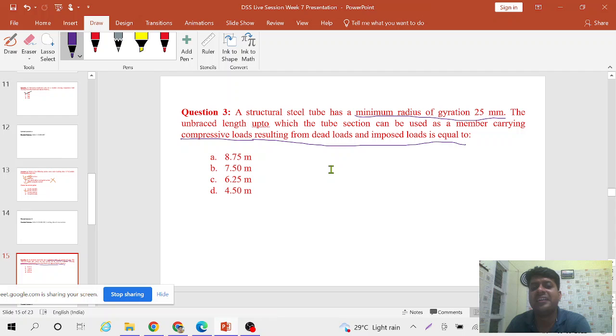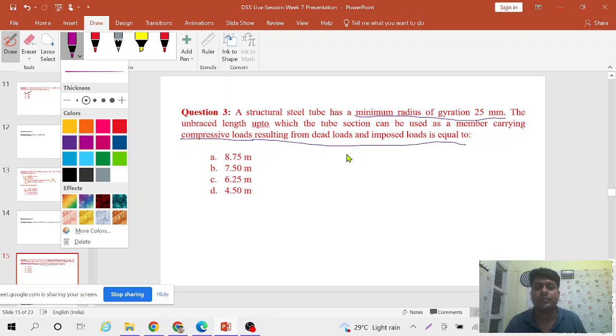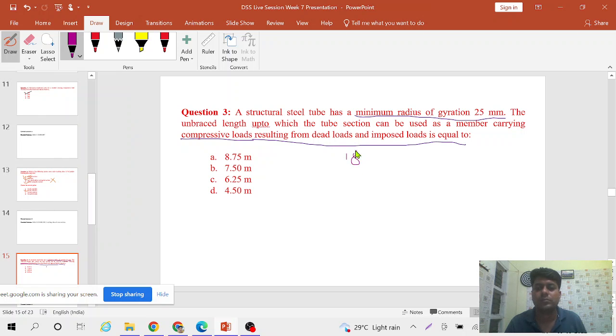So please calculate and report. The slenderness ratio you have to consider as 180. So option D, 4.50, is correct.